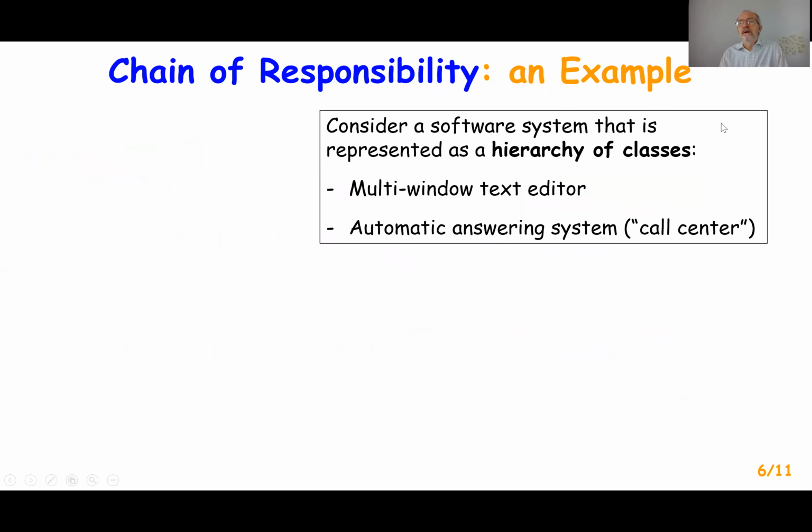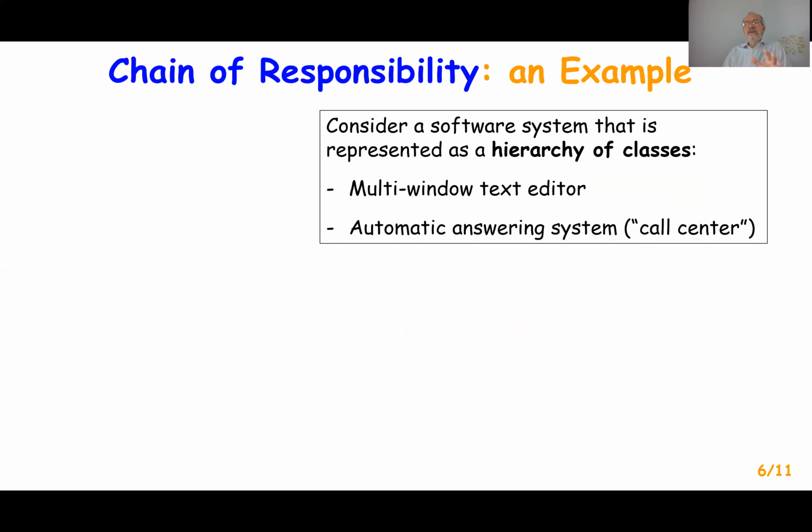Look at this slide. Consider a software system that is represented as a hierarchy of classes. Yes, this is a completely typical thing when we have a set of classes that are organized in some hierarchy using inheritance as usual.